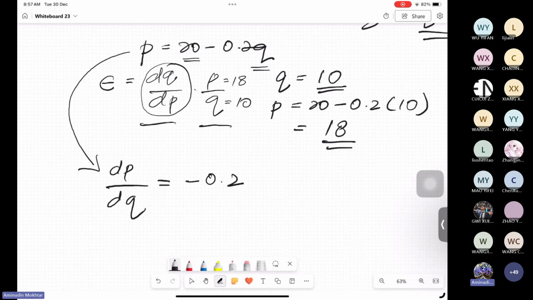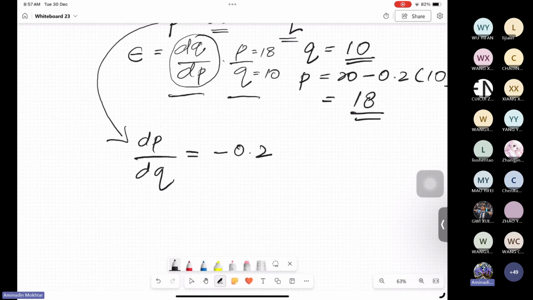So we have dP/dQ, but for the elasticity formula, we need dQ/dP. To find the elasticity, we need dQ/dP. So based on the rules of differentiation, we have the inverse rule.